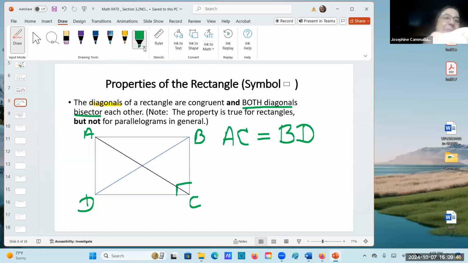Now, here's the funny part. Because both are equal to each other, this half and this half, this half and this half are all equal. They bisect each other.